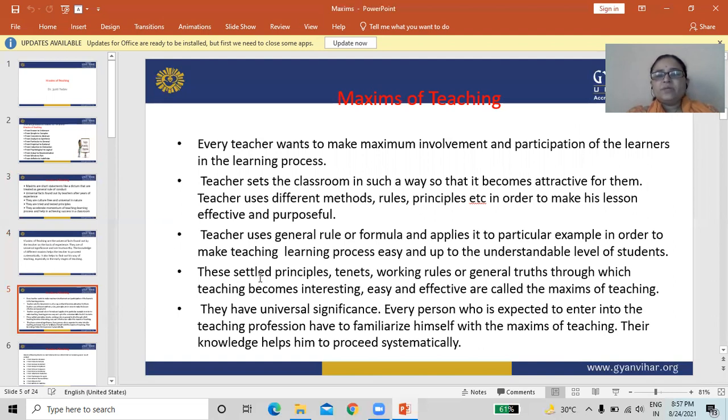Teachers use different methods, rules, principles, etc. in order to make his or her lesson effective and purposeful. Teachers use a general rule or formula and apply it to a particular example in order to make the teaching learning process easy and up to the understandable level of students.